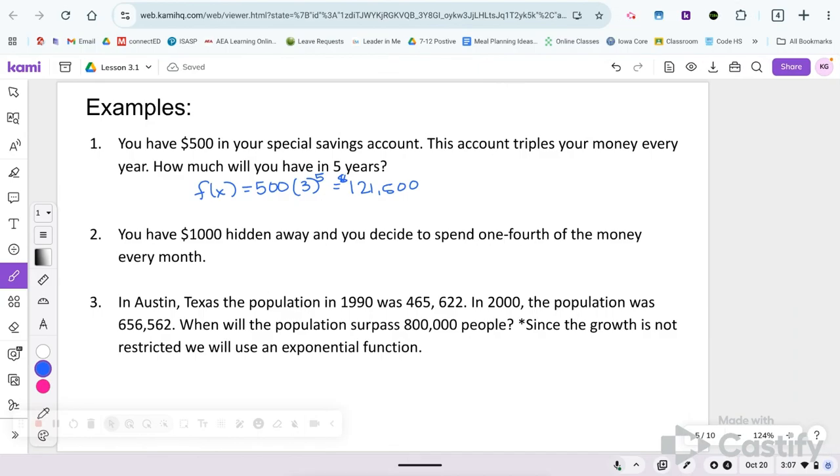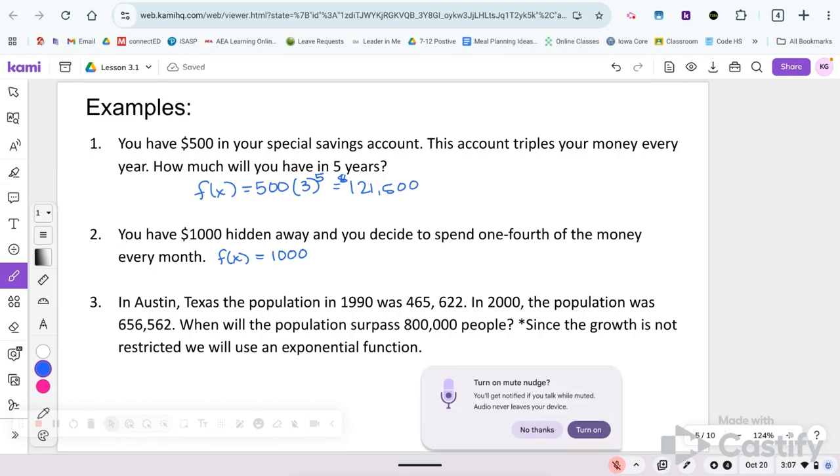On this one, we have $1,000 hidden away, and we are deciding to spend 1/4 of the money every month. So we're starting with our function here. We have $1,000. Now, we're talking about how much money we're still going to have.